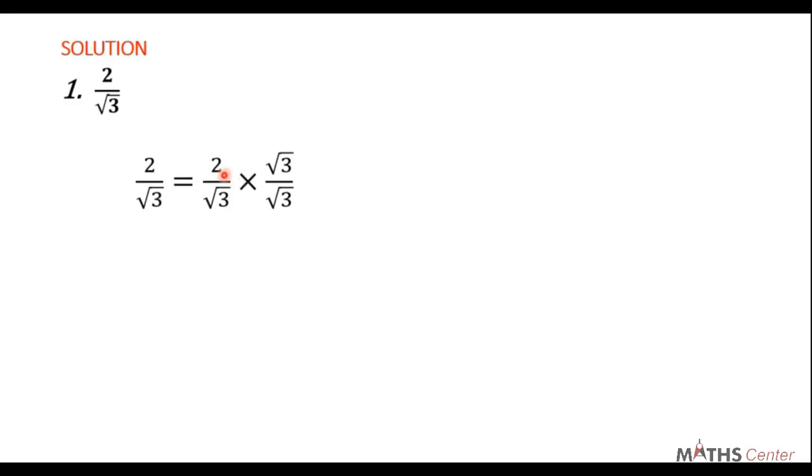So you multiply 2 by square root of 3, and you multiply square root of 3 by square root of 3. Now we know this is going to give us 2 times square root of 3 all over square root of 3 times square root of 3. 2 times square root of 3 will give us 2 root 3. Square root of 3 times square root of 3 will give us 3. So you see we have now changed the denominator, which was an irrational number, to a rational number, which is 3.